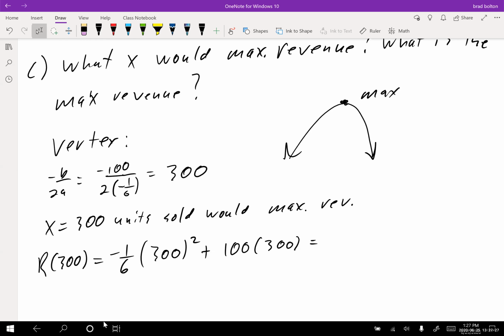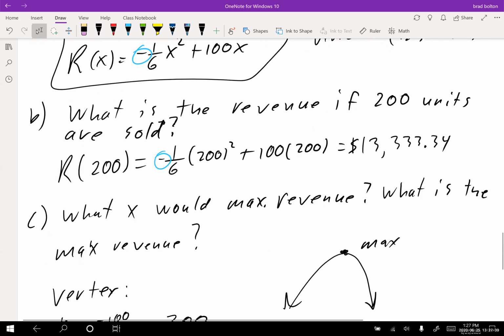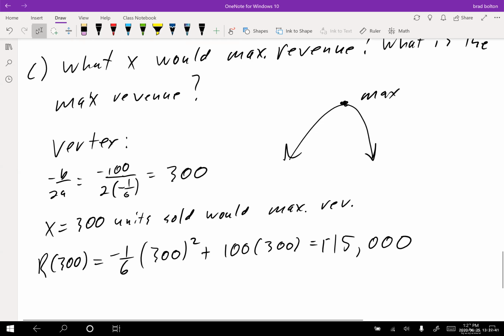So it's a negative 15,000. And then I'm going to do plus 100 times 300. And we get 15,000. Okay. So $15,000 is the maximum revenue we can ever make with this particular manufacturing.